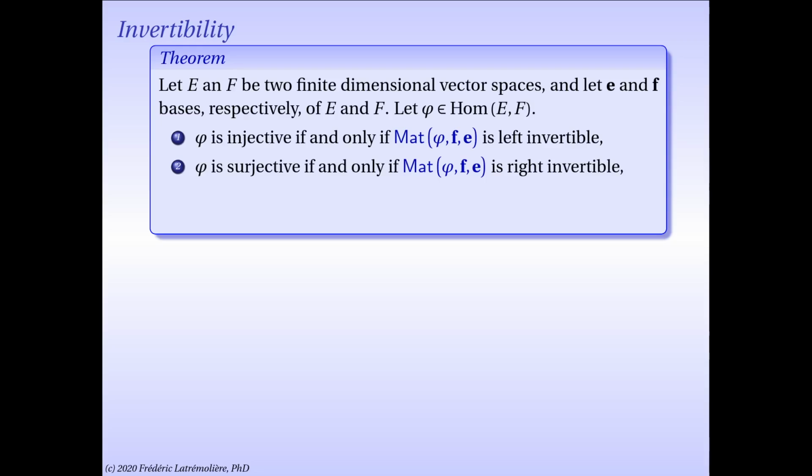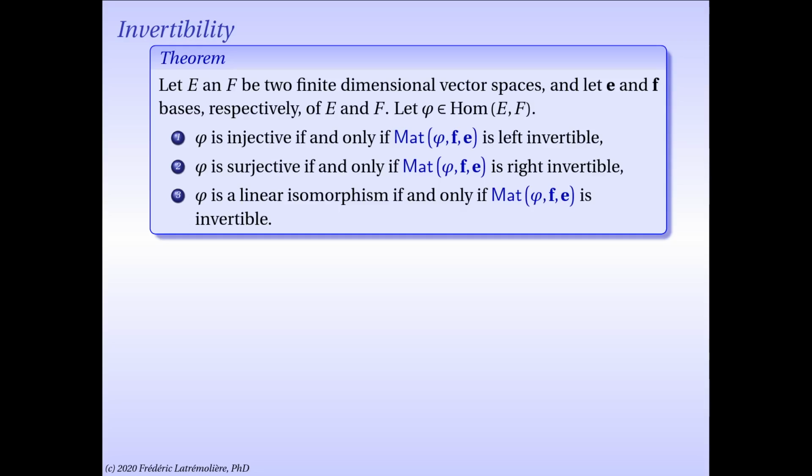The function phi is a linear surjection if and only if the matrix of phi in bold F and bold E is right invertible. And the function phi is a linear isomorphism if and only if the matrix of phi in bold F and bold E is invertible.